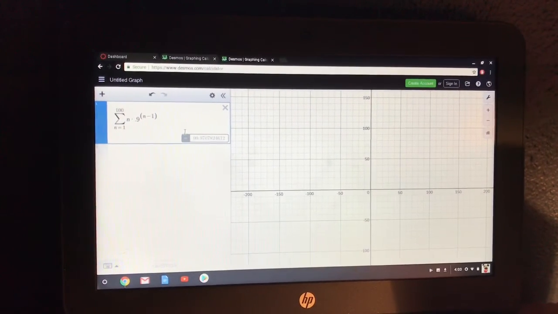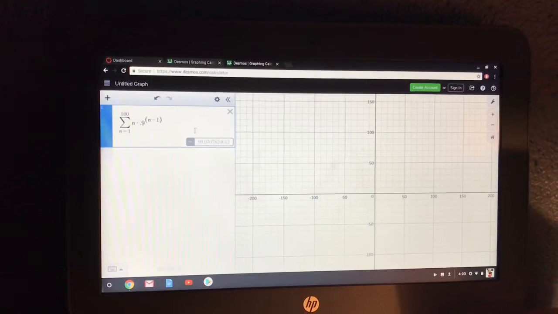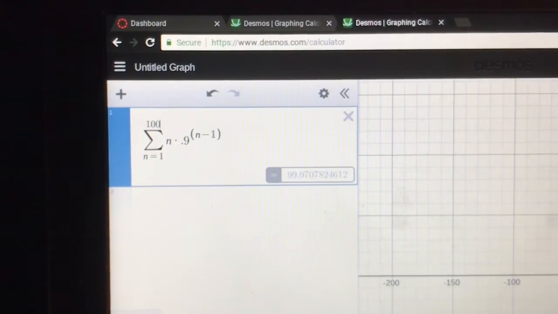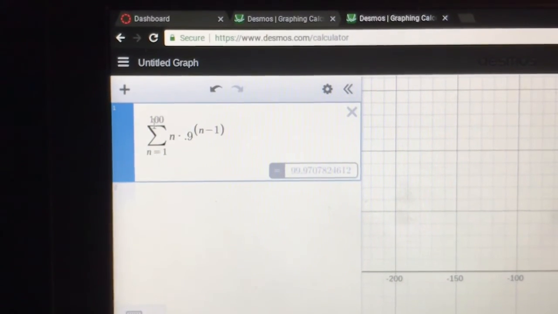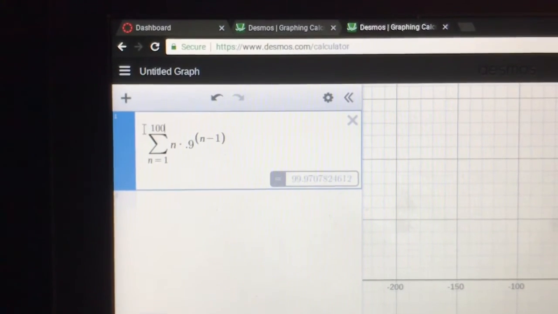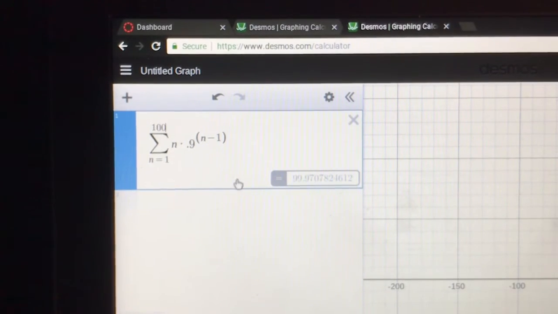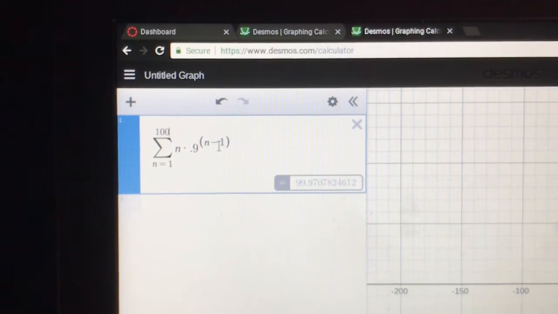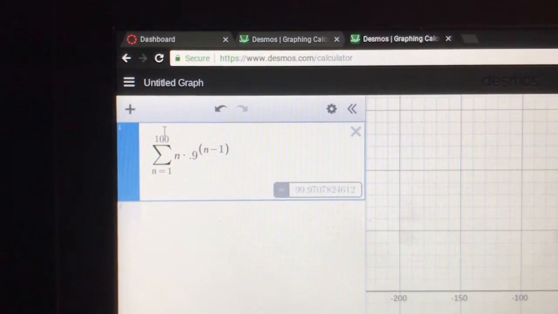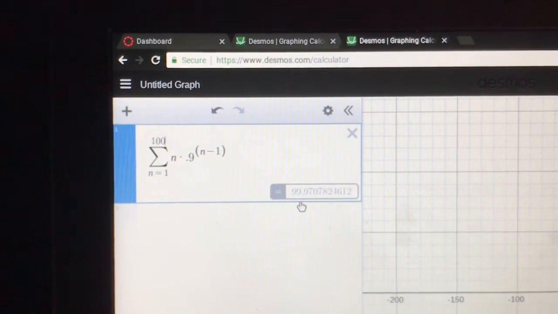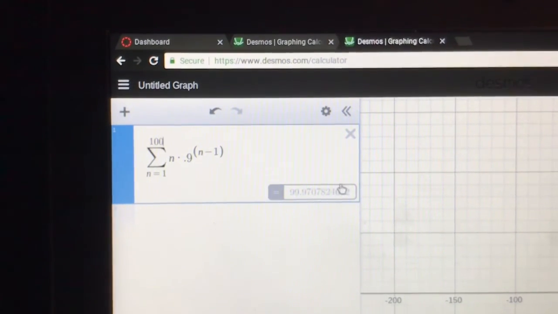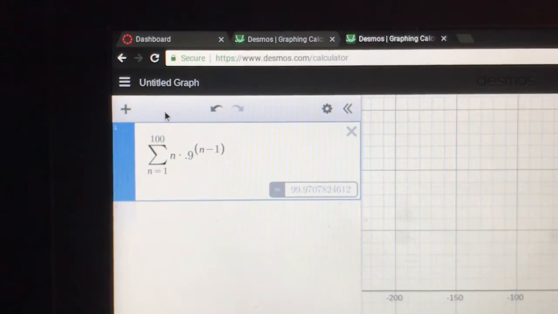So I'm using Desmos kind of as a calculator here, but it works in the end. So I first started at 100 because the function equals 100 when 0.9 is subbed in for x. I looked at that and it's 99.9707 and so on. So we're actually pretty close.